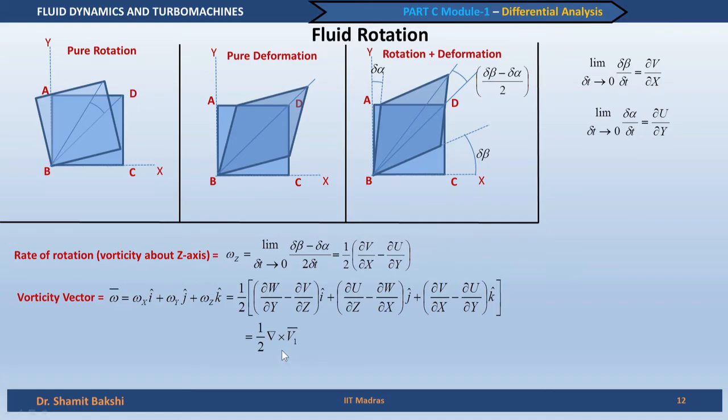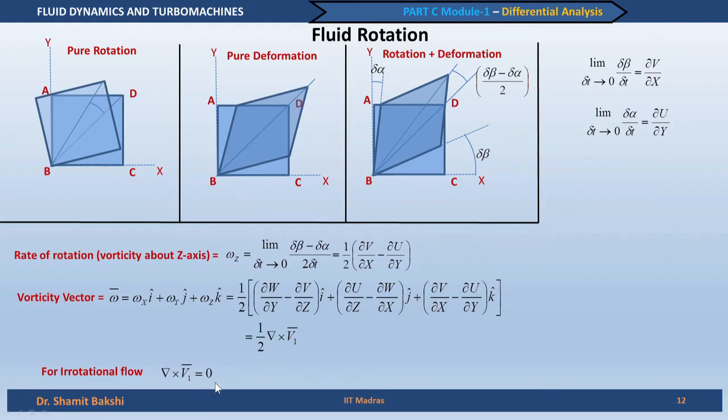Now, this, in other words, basically means vorticity is half of the curl of the velocity vector. This also tells us that for an irrotational flow, that means in a flow where there is no rotation of the fluid element, the curl of the velocity will become 0.